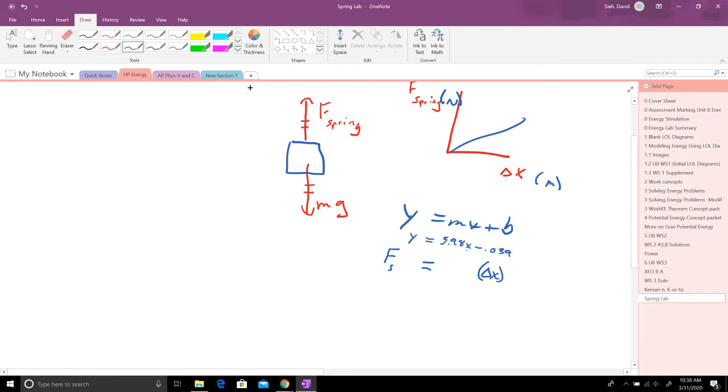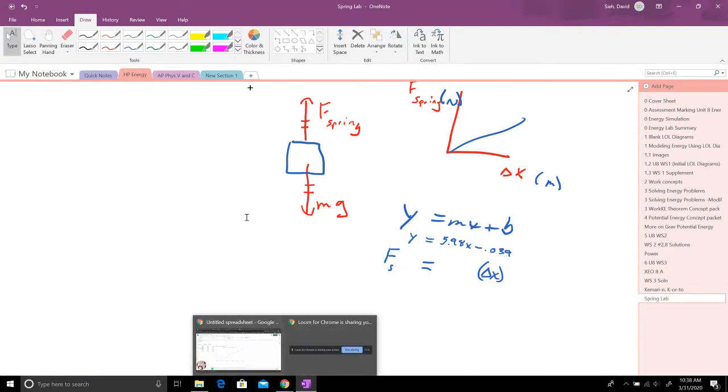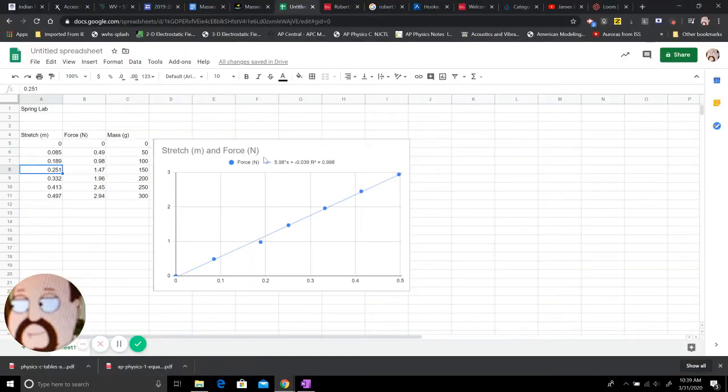So the x variable is actually our delta x, our stretch. Let's do the intercept first: negative 0.039. That number is really close to 0. Can we just say it's 0? We use the 5% rule.